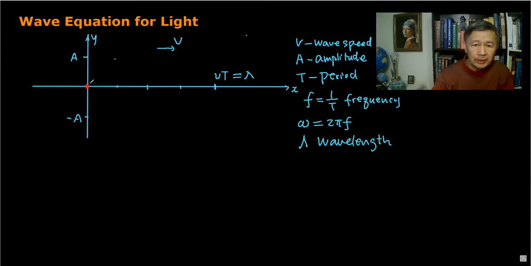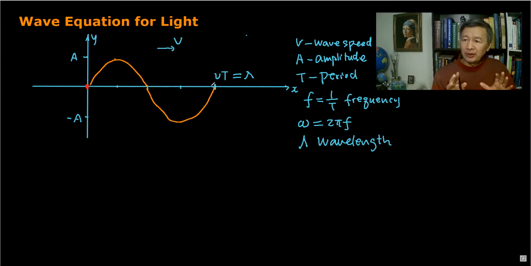That would be the graph at this particular moment. We're waiting for exactly one period, and we took a picture. That would be the wave you would be able to see or measure.